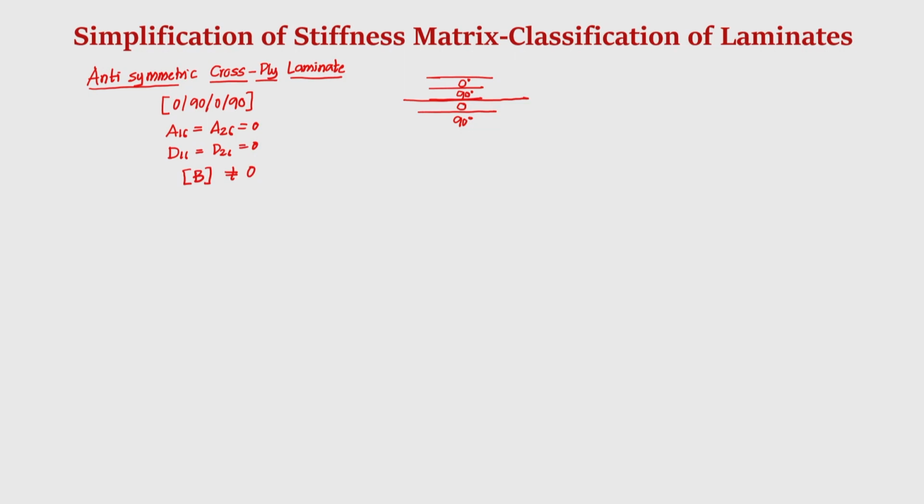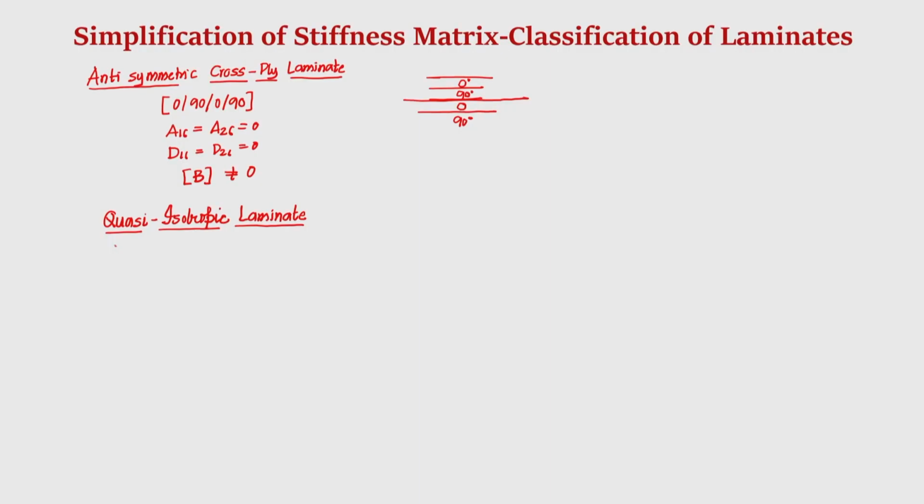There is another special class of laminate which is called quasi-isotropic laminate. What is a quasi-isotropic laminate? Quasi-isotropic means it is isotropic in some sense, it is not fully isotropic.